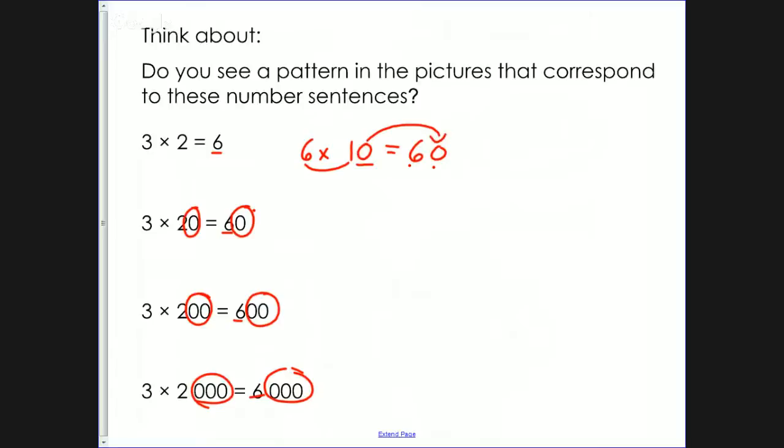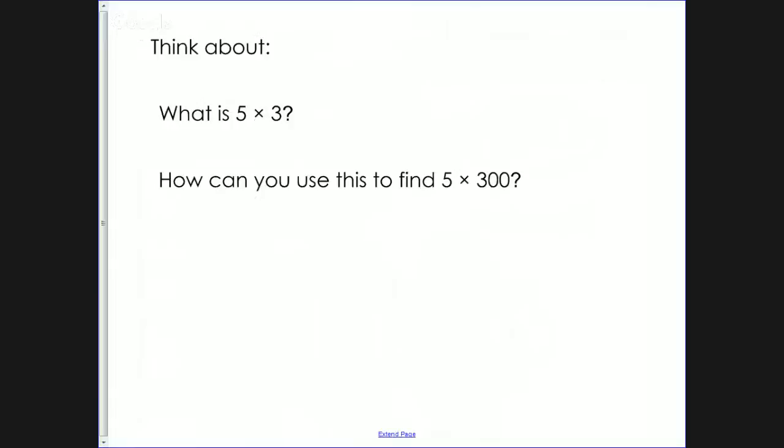Well, here we're seeing a similar pattern. We know 3 times 2 is 6, so we multiply 3 times 2, we put our 6 down, and then we have our 1 zero added on. 3 times 2 is 6, and then we take our 2 zeros and we add them on to the end. 3 times 2 is 6, and we take our 3 zeros and we add them on to the end.